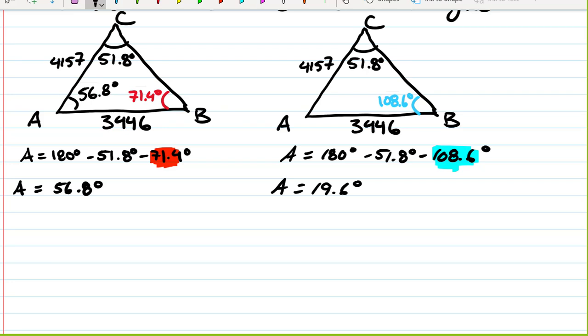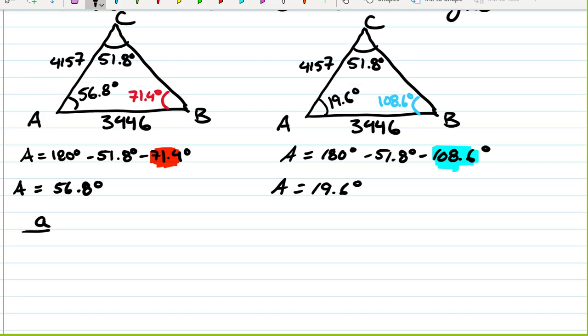So now, in both of these triangles, the only thing that is different is we have our angles and we have our sides. Angle A is different in both, and that is also going to force side A to be different in both. And in each of these, we need to use the law of sines.